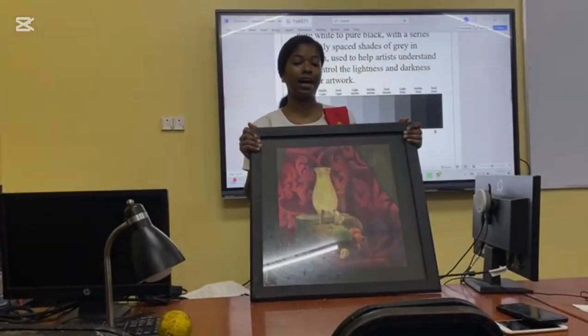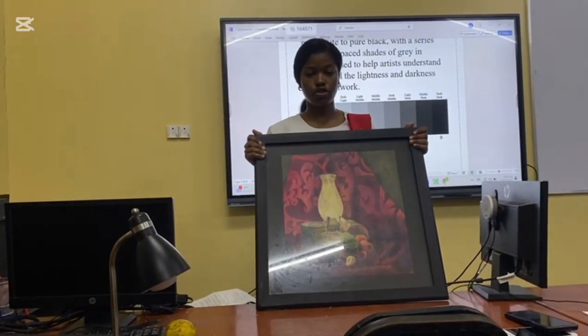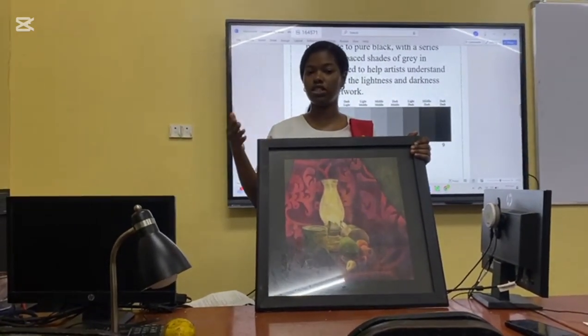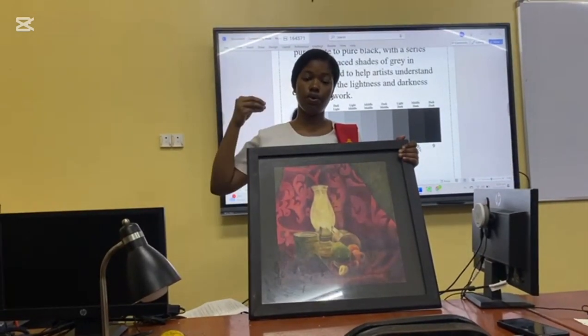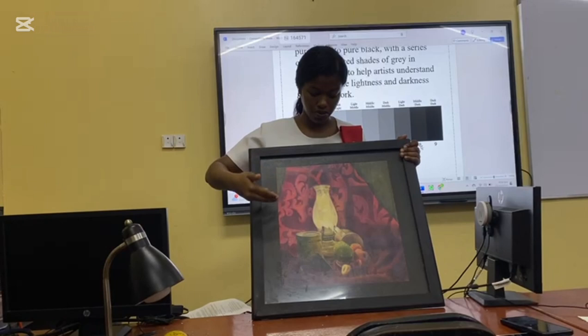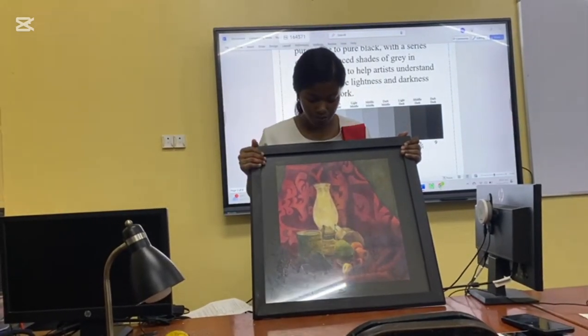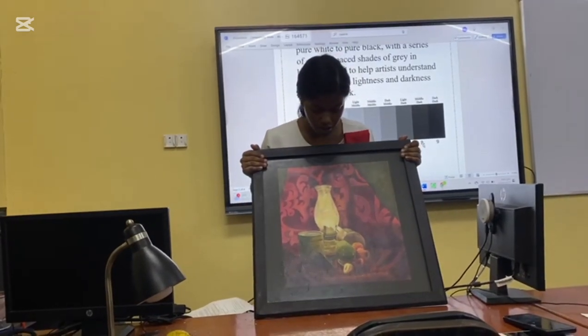Alright? Here we have an art piece being done. So I brought this so you can see the importance of the value, or the value scale, and how it is reflected on this composition here. Now here we have a still life composition of some objects, right?